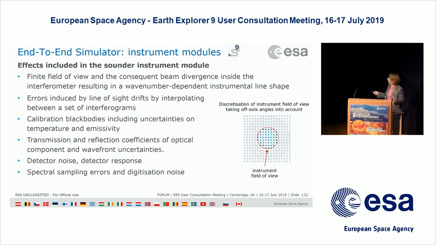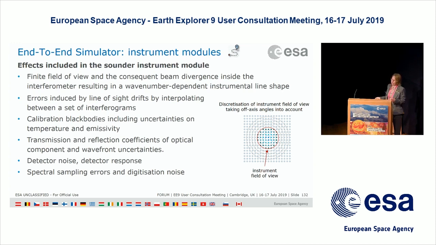Errors induced by line of sight drifts by interpolating between a set of interferograms. Calibration, black bodies, including uncertainties on temperature and emissivity, transmission and reflection coefficients of optical components and wavefront uncertainties, detector noise, detector response, and spectral sampling errors and digitization noise.